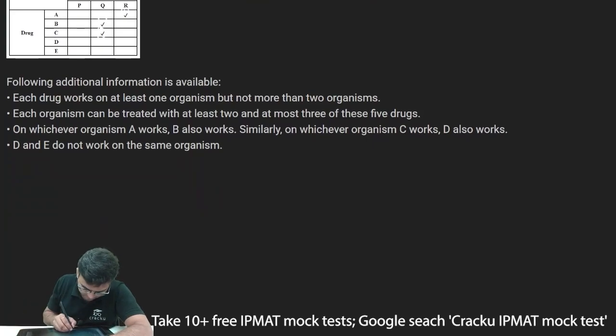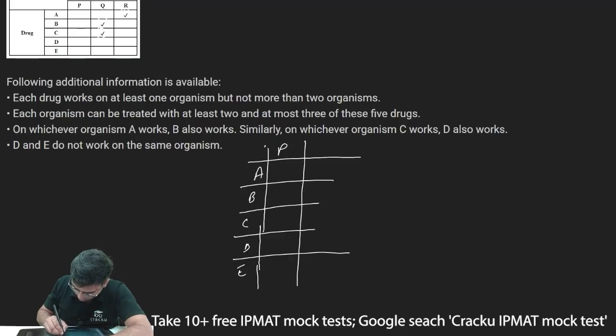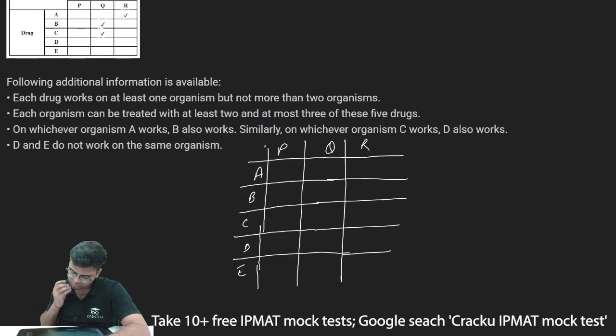I have these drugs, A, B, C, D and E, and these organisms, P, Q and R. So A, B, C, D, E are the 5 drugs and P, Q, R are the 3 organisms.